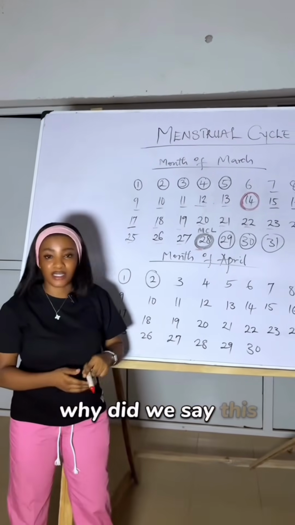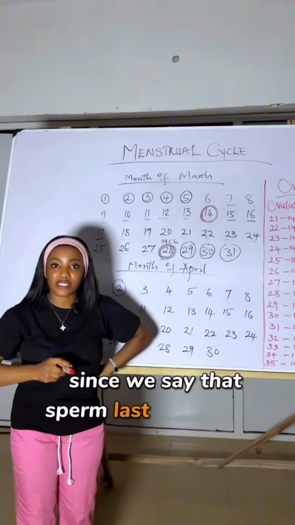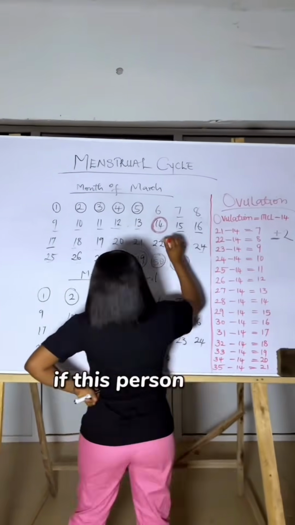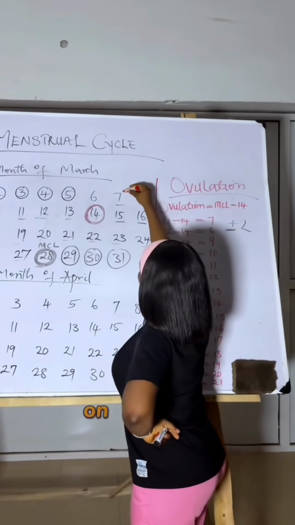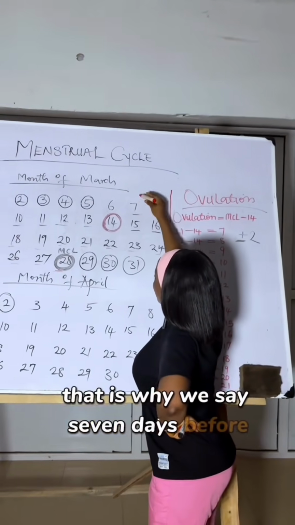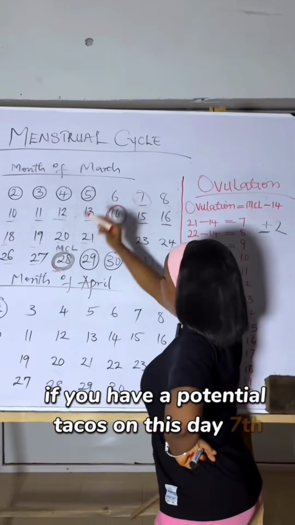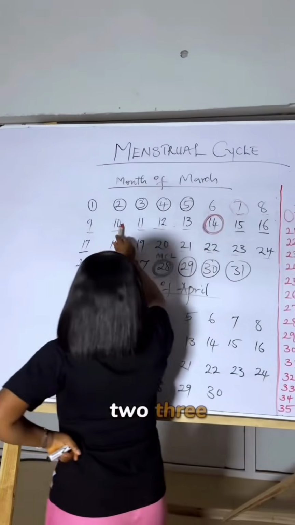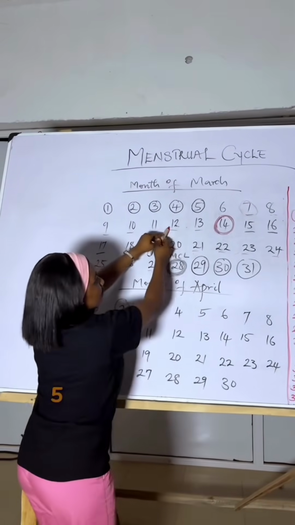Why did we say this? Since we say that sperm lasts in the woman's body for what? 5 days. Imagine if this person should have unprotected intercourse on this day 7th, for instance. That is why we say 7 days before. If you have unprotected intercourse on this day 7th, then sperm will last 1, 2, 3, 4, 5. 5 days.